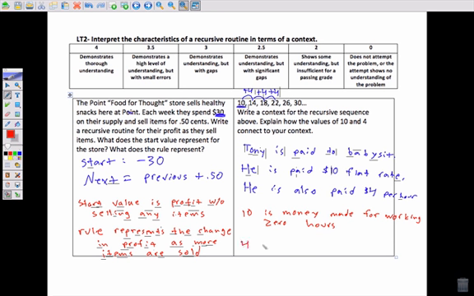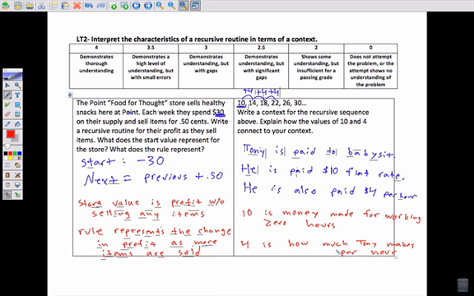And the 4 is how much more he gets per hour, in addition to the 10 that he already got.